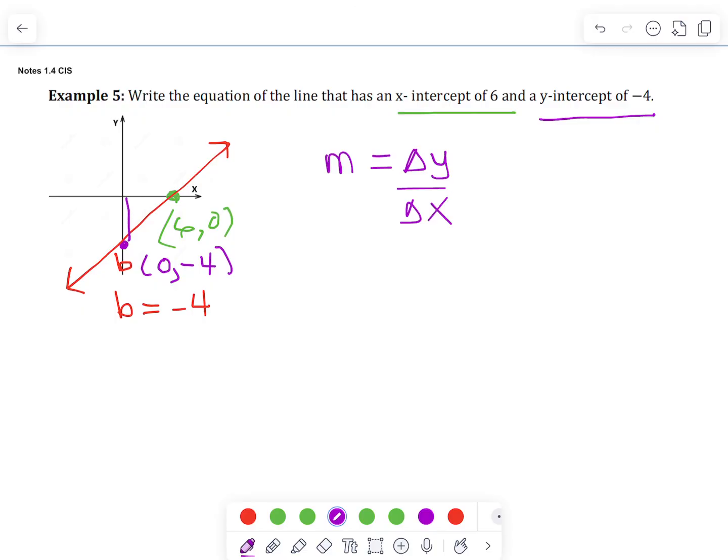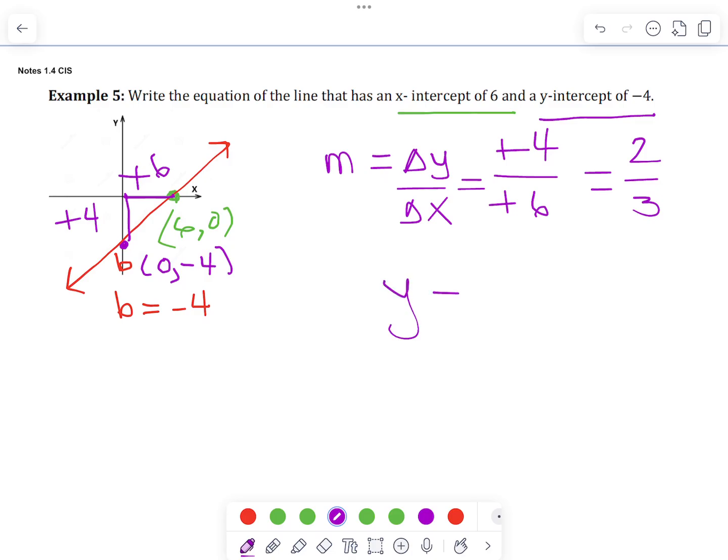We're going to go up 4, so +4, and then right 6, +6. So up 4, the rise of 4, and the run of +6. And then we just reduce that, and we get 2/3. So now we know in slope-intercept form, y equals mx plus b, our slope is 2/3, and our y-intercept is -4.